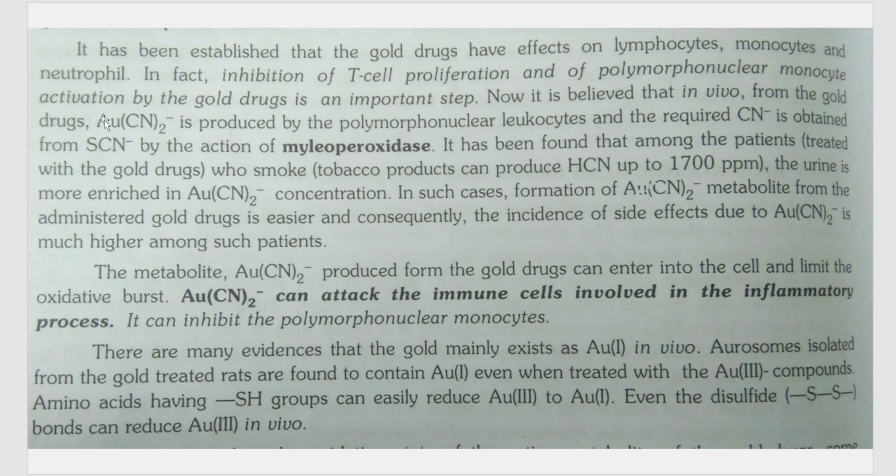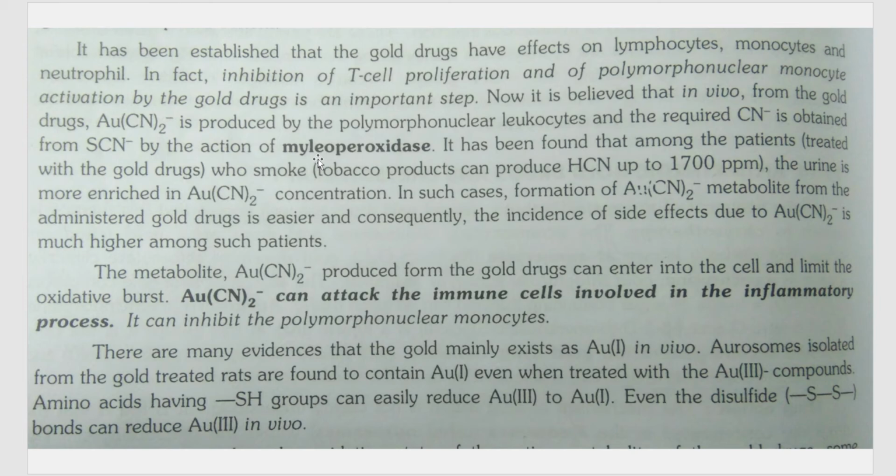In vivo, that is in some organisms, the gold drugs were seen to form a complex with cyanide, that is Au(CN)2 minus. The CN that is required was obtained from SCN minus by the action of peroxidase.